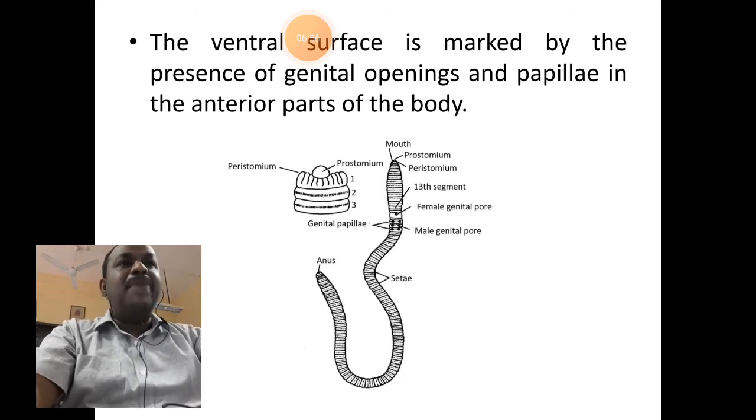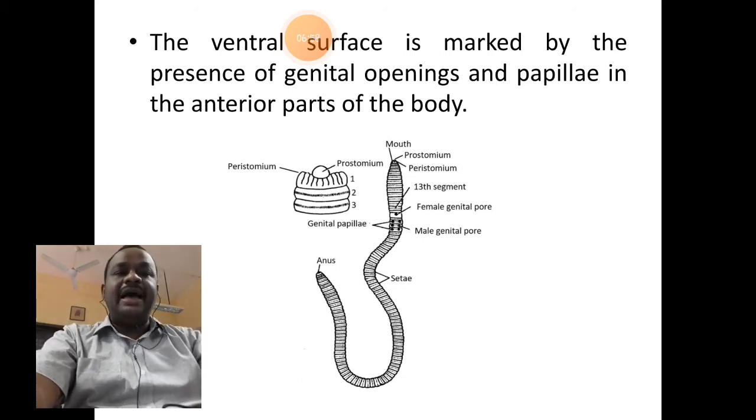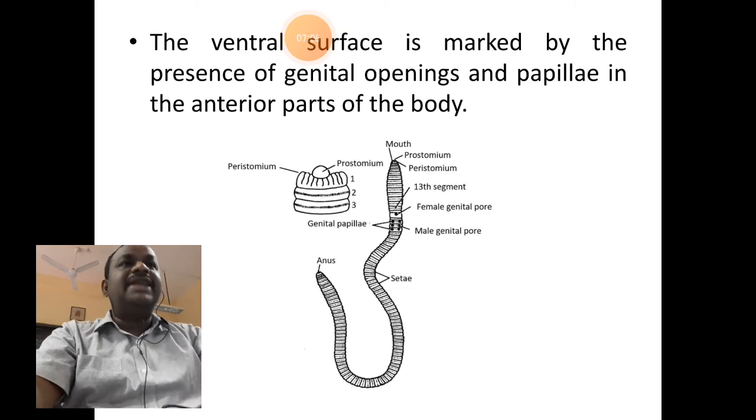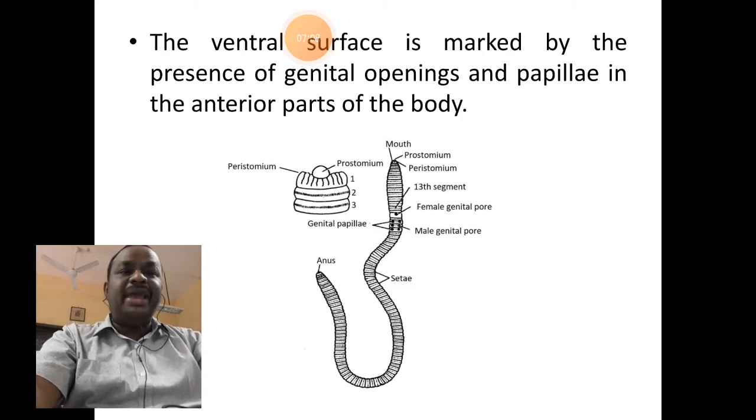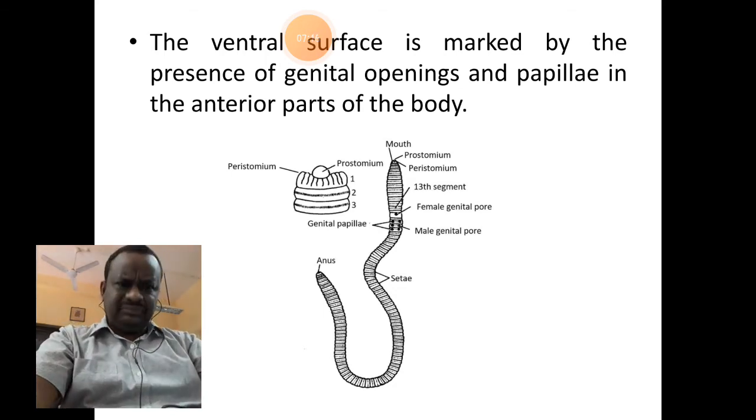For example, the mouth is seen at the ventral side of the first segment. Then we see the genital openings, both male and female, and genital papillary structures. All these openings are seen nearer to the region of the clitellum. We will look into that part a little later.